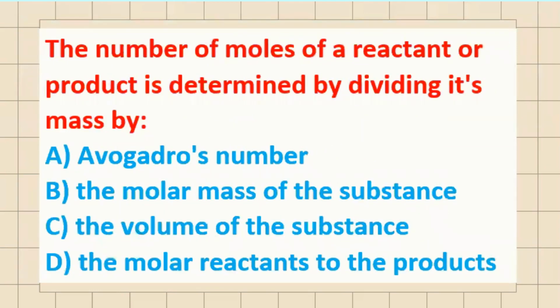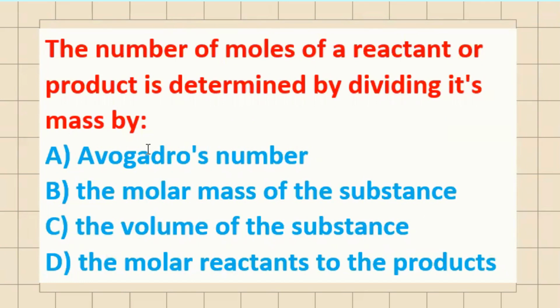Okay, the number of moles of a reactant or product is determined by dividing its mass by what? Number of moles is equal to the given mass or required mass divided by what? The molar mass of the substance. Therefore, dividing its mass, that means given mass or required mass, by the molar mass is the number of moles.